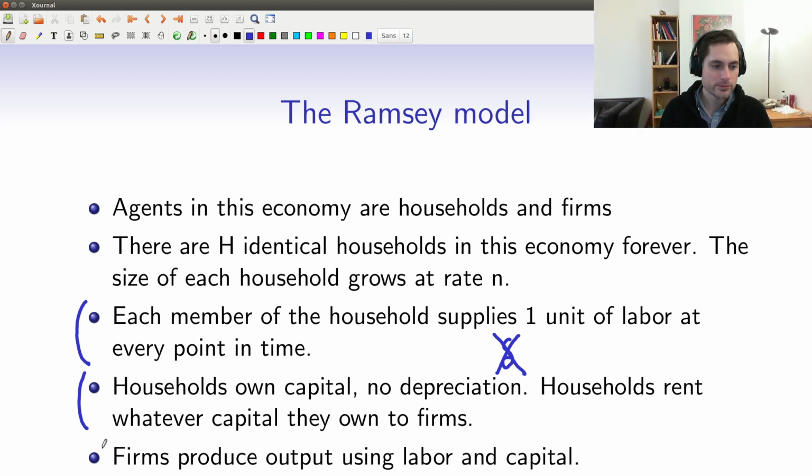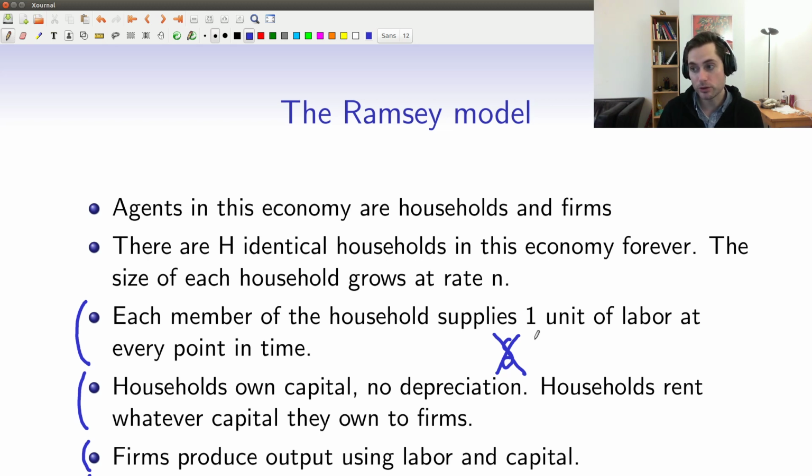Okay, firms are going to produce, they're going to use capital and labor, and they're going to choose how much of each one optimally given the prices, the wage, and the rental rate of capital. And finally, we're going to assume that markets are competitive in the sense that every firm and every household is going to consider itself to be very small, so that it has to take the prices as given. There's no market power.